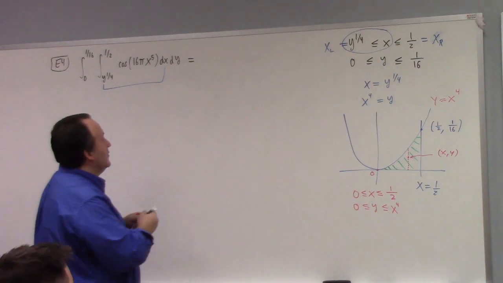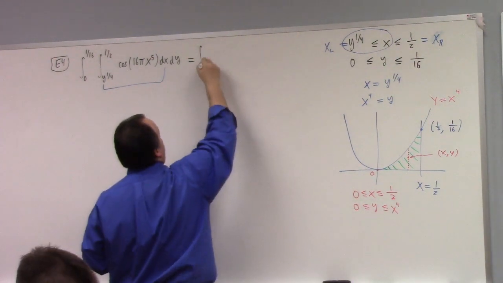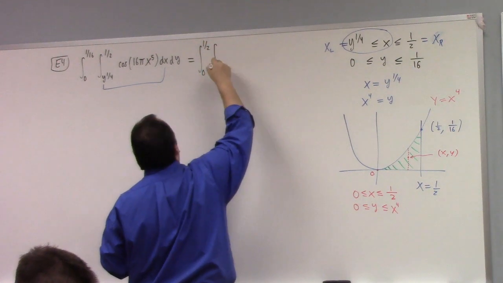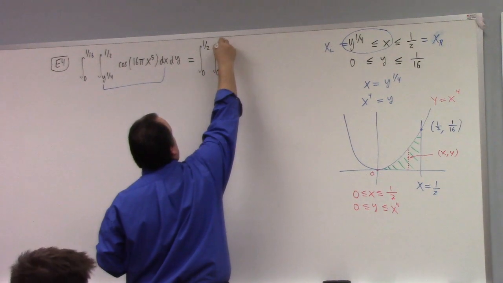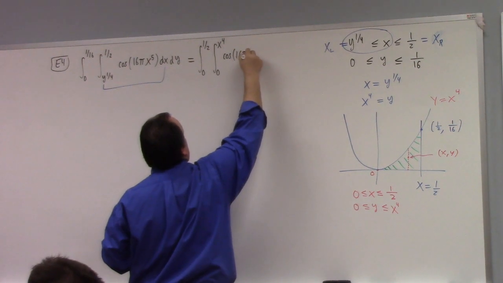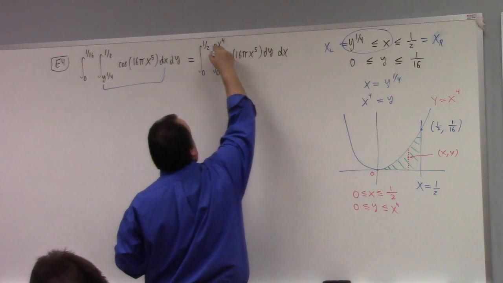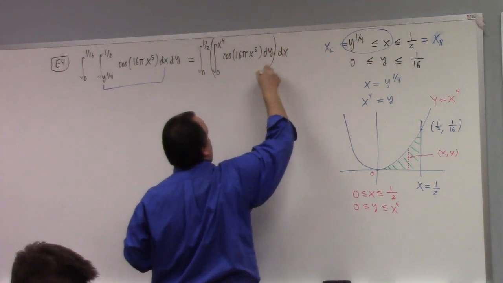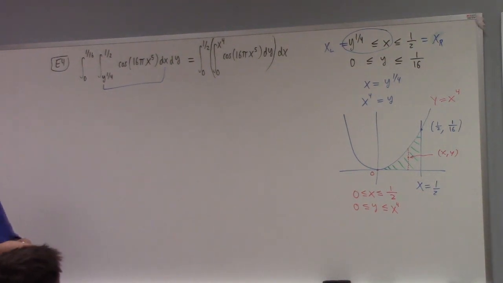So, switching the order of the bounds, we have the following. Integral from 0 to 1/2, integral from 0 to x to the 4th, and then I've got cosine of 16 pi x to the power 5 dy dx. Notice that I switched around the order of the integration. That's actually very helpful here, because now the inside integral is just the integral of dy. What's the integral of dy?